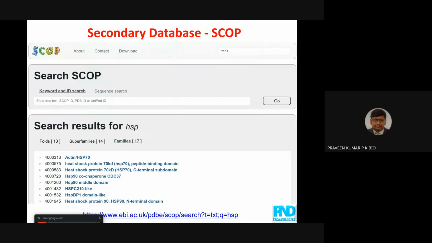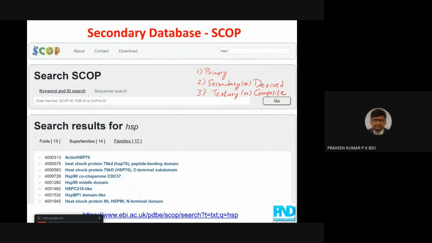In bioinformatics, the biological databases are classified as primary, secondary or derived, and the third is tertiary or composite. These are the major broad classifications of databases.